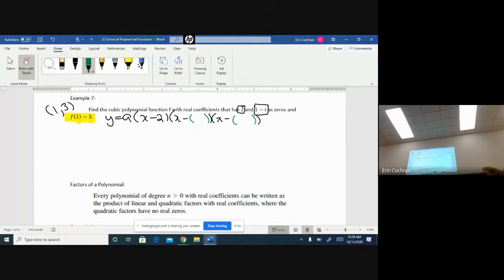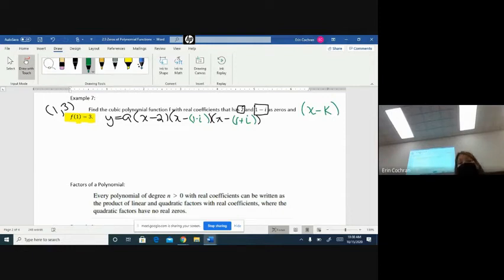So 1 minus i will go in one of them. And what's its conjugate? 1 plus i. The reason why it's always x minus is because when you solve it to the other side, usually we have it as a minus sign, and then you add it to the other side. Remember, our roots are like the x minus k, where it's the opposite of it. That's why it's always minus, okay?